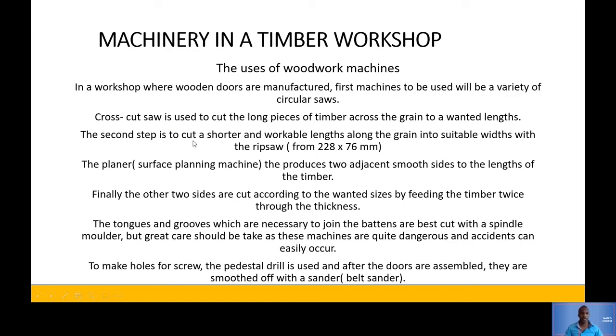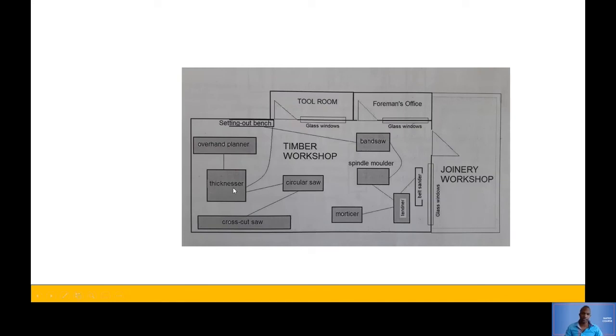And then the second step is to cut a shorter and workable length along the grain into suitable widths with the rip saw. So now you will use the rip saw. Let's go back. Here it says from circular saw you go to the thicknesser.